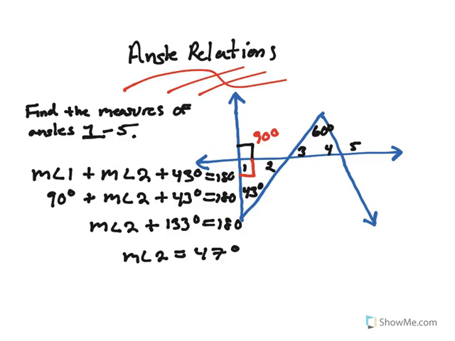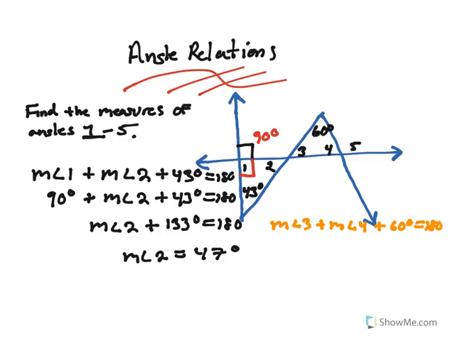We can start here. So the measure of angle 3 plus the measure of angle 4 plus 60 degrees equal 180, because those are all interior angles of a triangle. We have to have the 180.